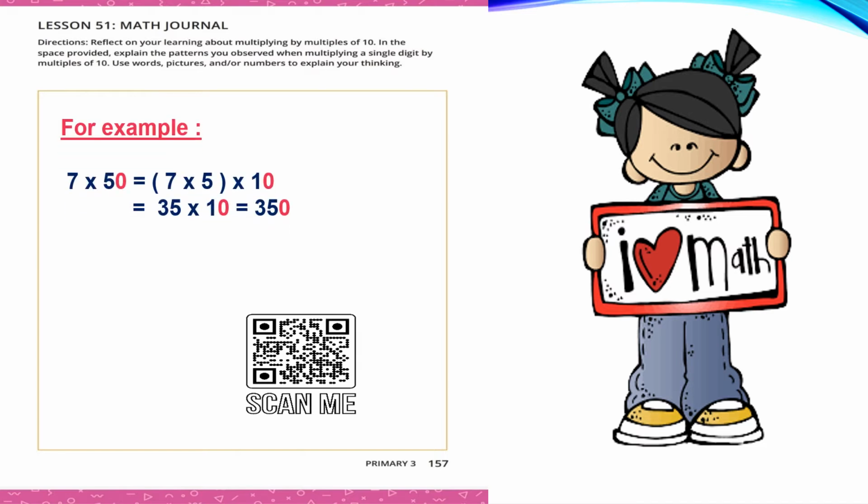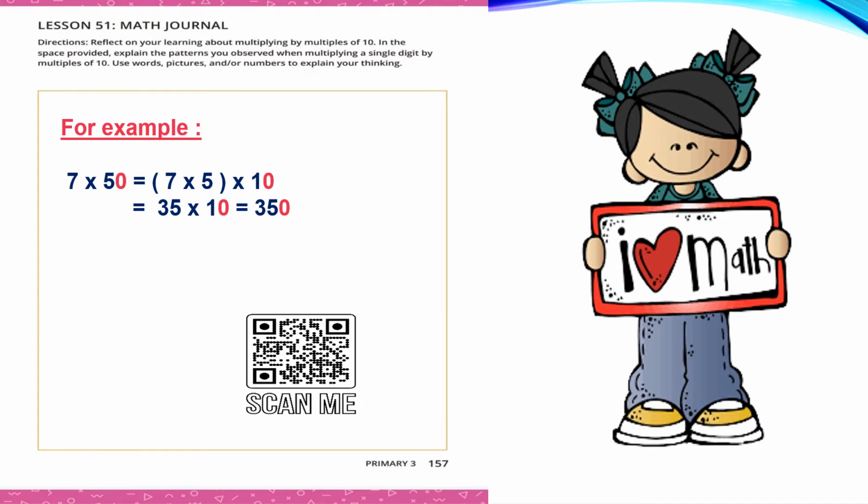7 times 50. What shall we do? We want to split 50 to be the factors of 50, which equal 5 and 10, by using the multiples of 10. So 7 as it is, and 50 split it to be 5 times 10.